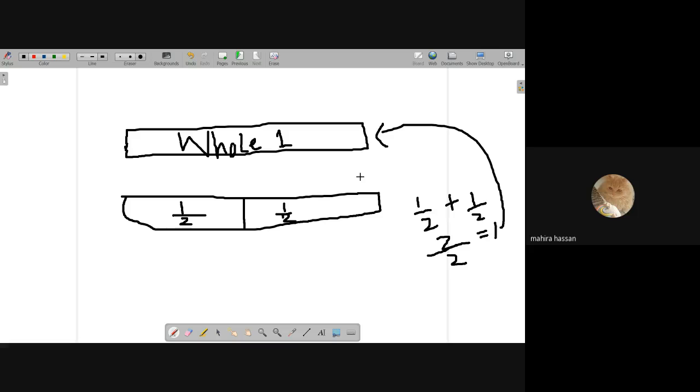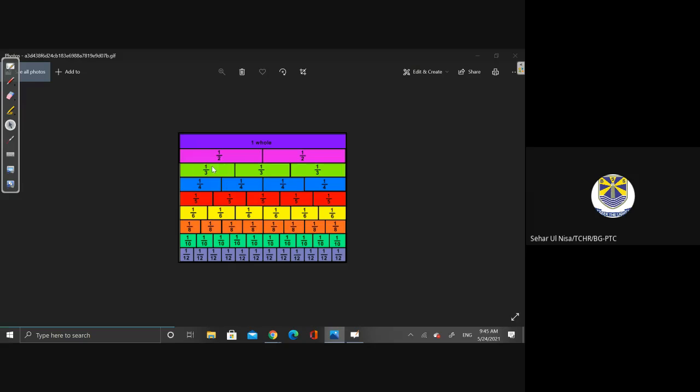Okay, so if you further divide it into many parts, then you will change the denominator to the number of parts you are dividing into. For example, the green one has three pieces, 1, 2, 3, so you will write the denominator 3. And look at this, it's 1 by 3, 1 by 3, and 1 by 3.